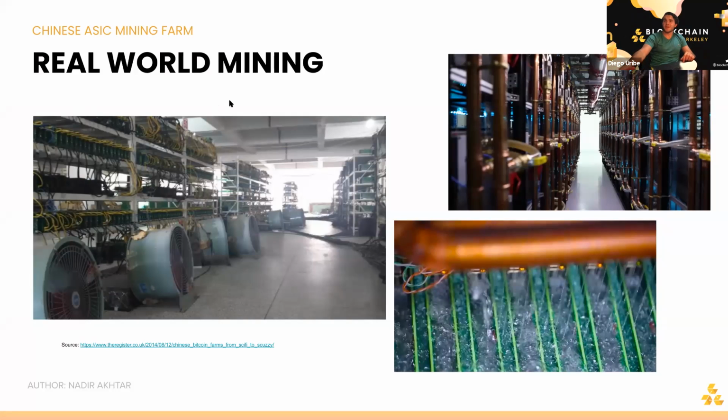There's pretty fancy stuff with water and other types of coolers in order to reduce the heat coming out of the hardware. I think the current Bitcoin network uses as much electricity as Austria. It's like 1% of global electricity consumption, which is kind of crazy to think about.